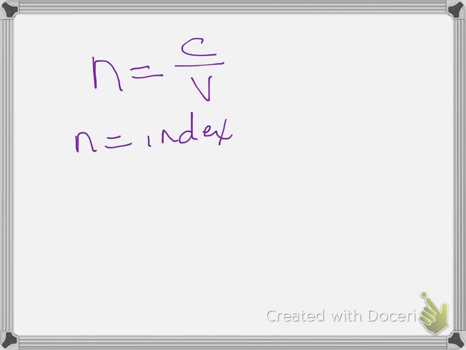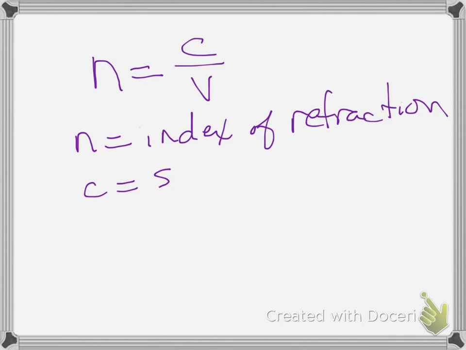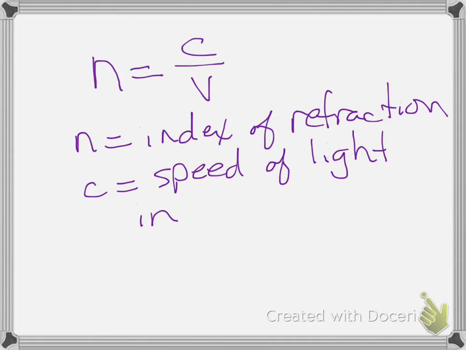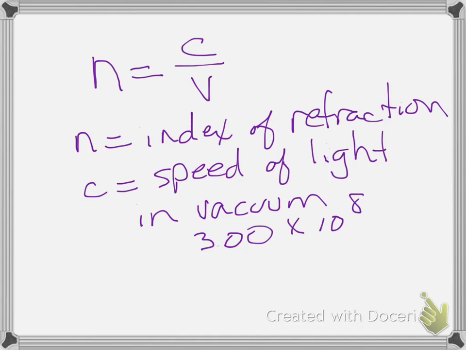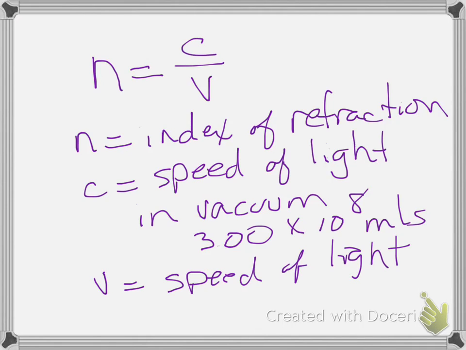Now, that's shown by this formula, N equals C over V, where N equals the index of refraction, C equals speed of light in a vacuum, and that is 3.00 times 10 to the 8 meters per second, and V equals speed of light in a specific medium.